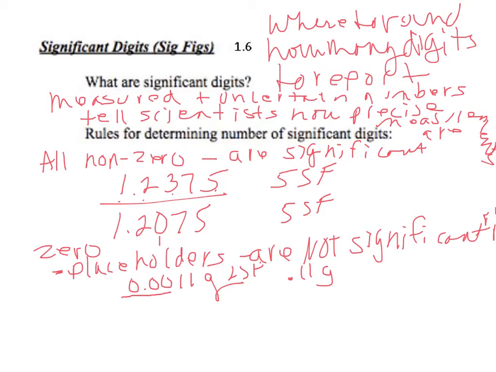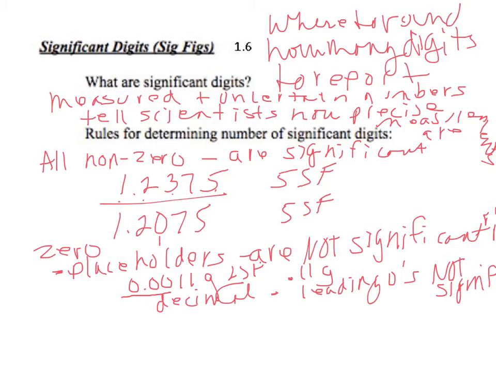Okay? So decimals, if a number has a decimal, all leading zeros are not significant. Okay? And all trailing zeros, when there's no decimal, are not.